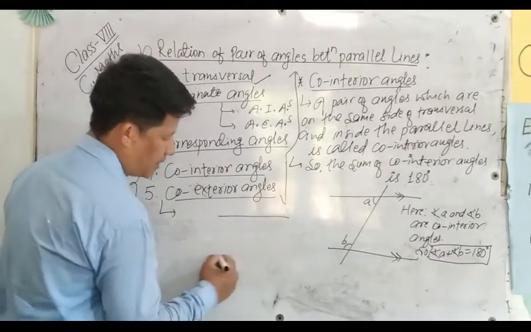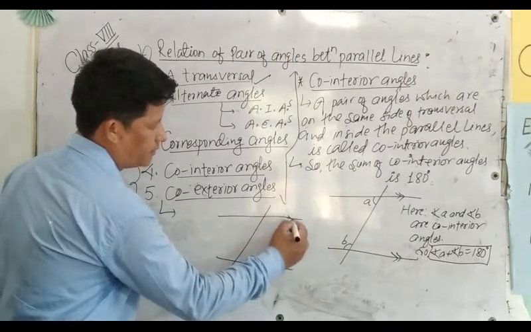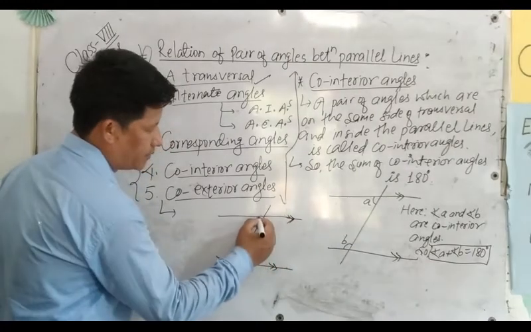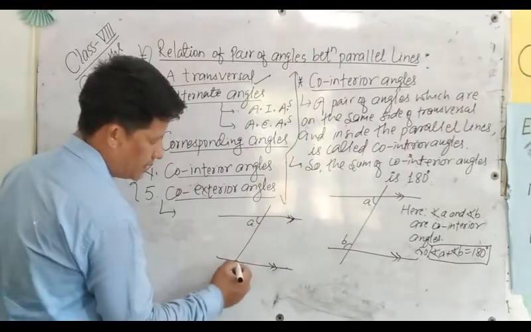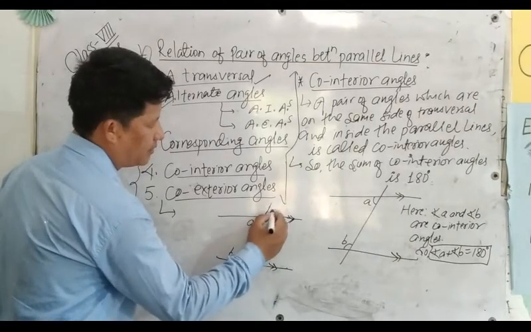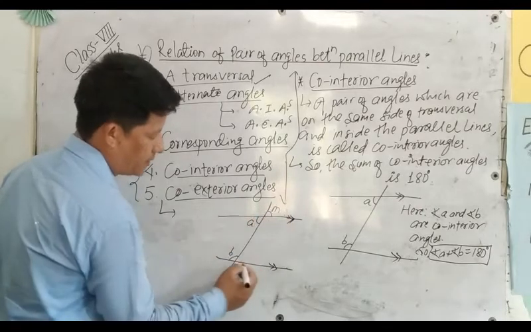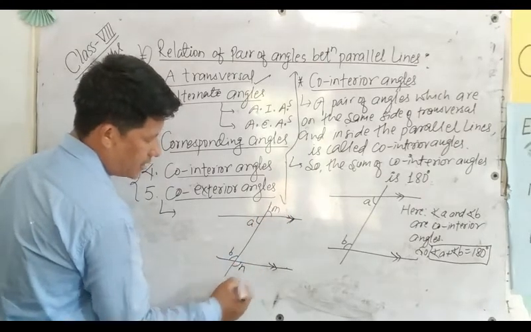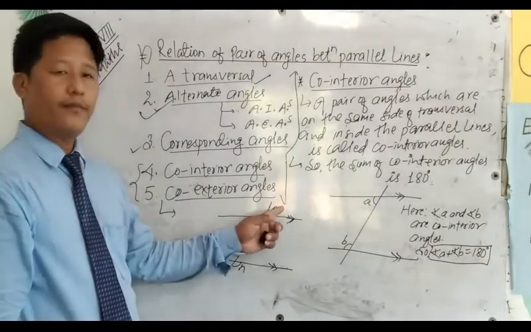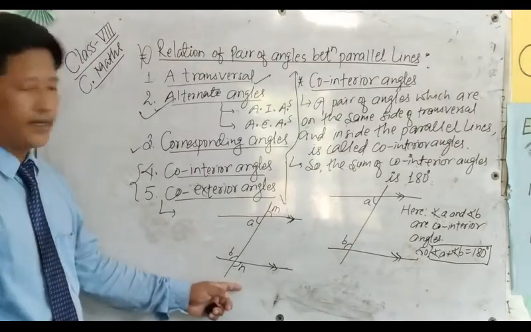I will show you through the figure. If these two lines are parallel, suppose this angle is A and this angle is B, and their vertically opposite angles are M and N. The relation between angle A and angle M is vertically opposite, and the relation between angle B and angle N is vertically opposite.